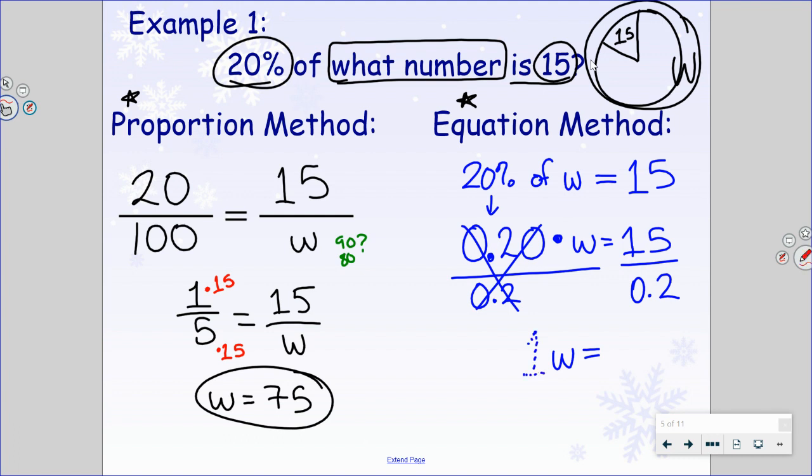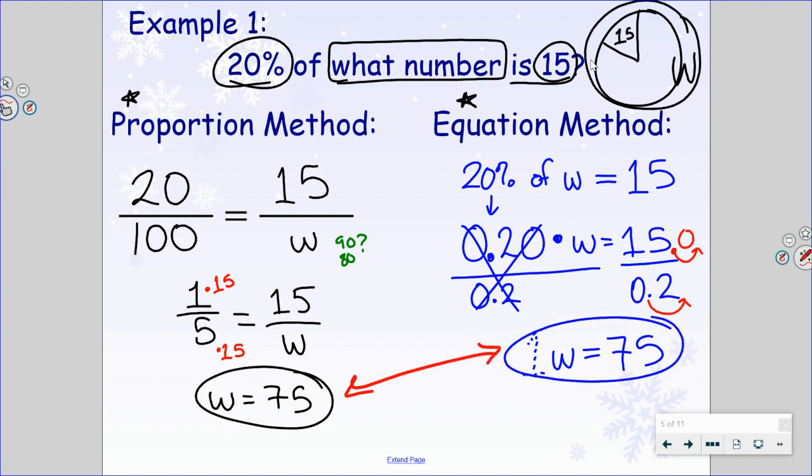Don't forget, anytime you divide by a decimal, you'll actually change the divisor to a whole number as long as you're fair to the dividend. And naturally, 150 divided into 2 parts is 75. As you can see, the answers are the same. So a student with strong skills can do one of these 2 methods, and students with the strongest skills could try both. 2 different ways to find the final destination.